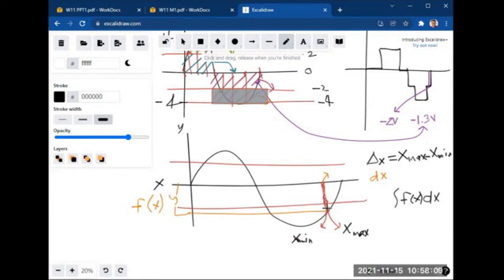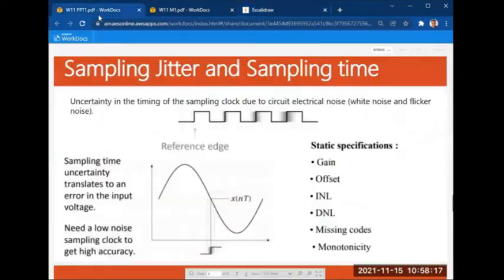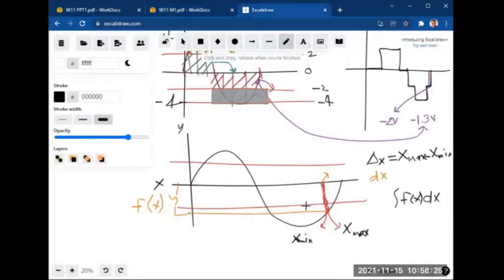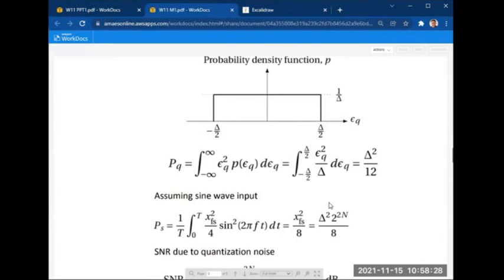We cannot determine the exact value, but we know that it will be somewhere inside this strip. So that is the probability density function. That's why you can see an integral formula in here. It is coming from this principle.